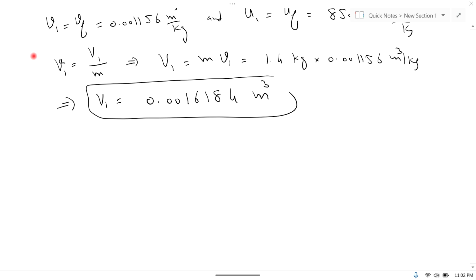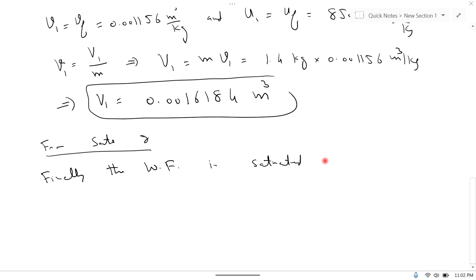Now from state 2, at the final state the working fluid is saturated vapor, which means it is on the saturated vapor line. So U2 is equal to Ug, and V2 is equal to Vg.